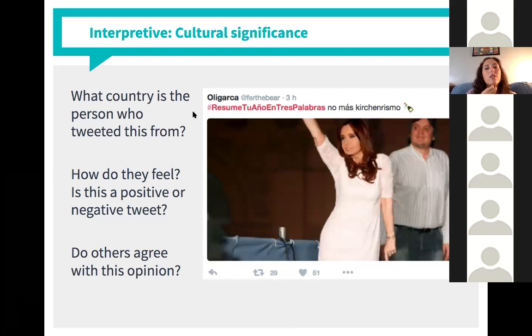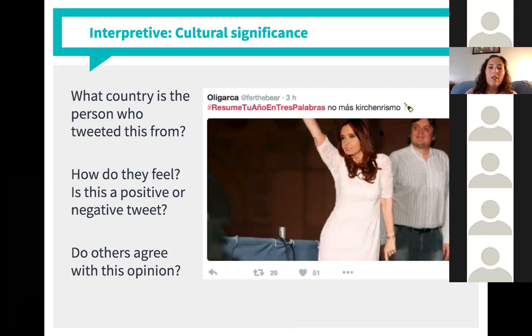Another one is to talk about the cultural significance, kind of like the beach picture before. So this was summarize your year in 3 words, and it said no more Krishners. And so we talked about what country is the person who tweeted this from, because this was their government official.